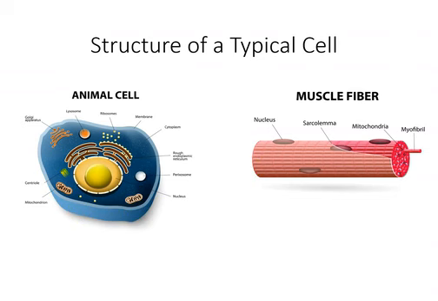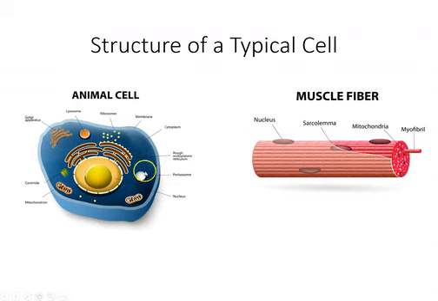Muscle in general is a cylindrical cell. A muscle fiber is the same thing as a muscle cell, and it runs the entire length of the muscle. For instance, your biceps brachii would start up at your shoulder and go all the way down to your elbow. So again, the muscle cell is the same thing as a muscle fiber.